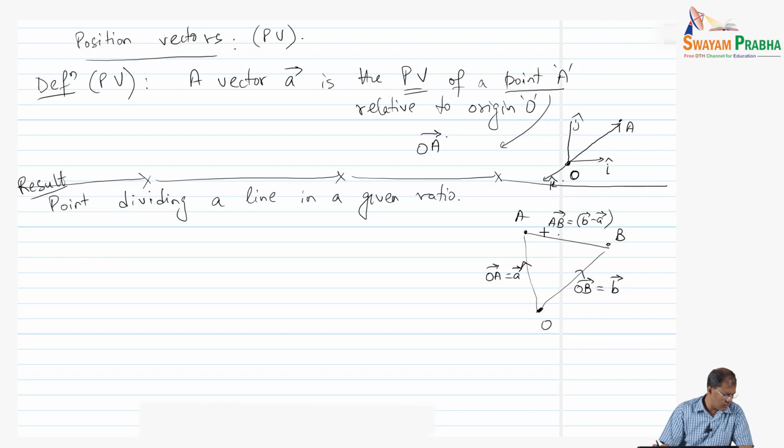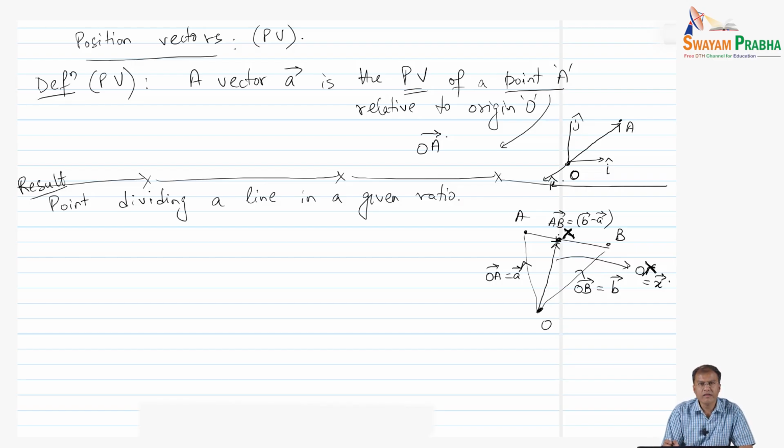Now suppose we have a point, let me call this point capital X. Given this point, it will also have a position vector, so the position vector OX is going to be, say, small x. Suppose this point X divides the line.